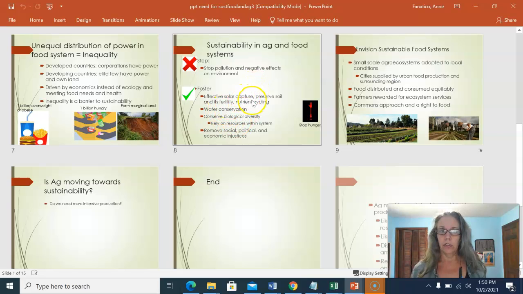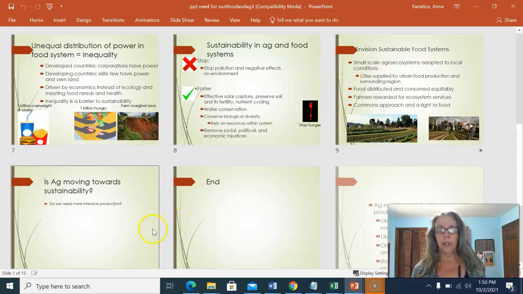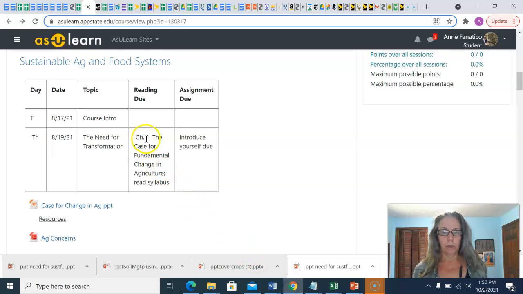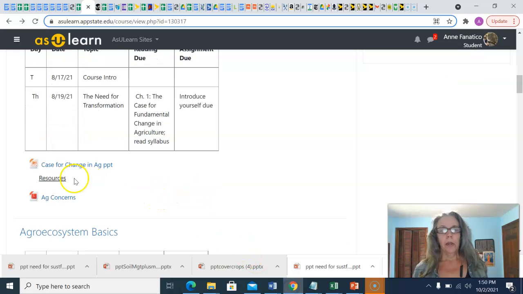And this does take us to the ecosystem processes like effective solar capture, like nutrient cycling, like effective water use, and then depending on biological diversity for the interactions. So this helps us envision what sustainable ag and food systems are based on, and then how we move towards it. So use that PowerPoint and the chapter, of course, to help you prepare.